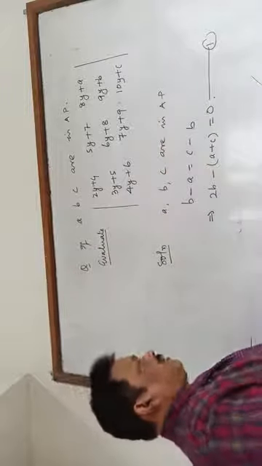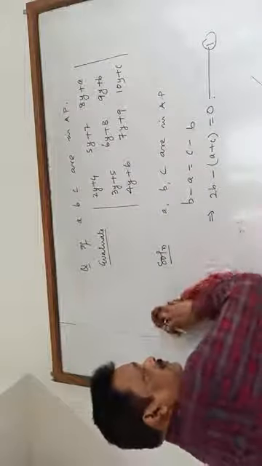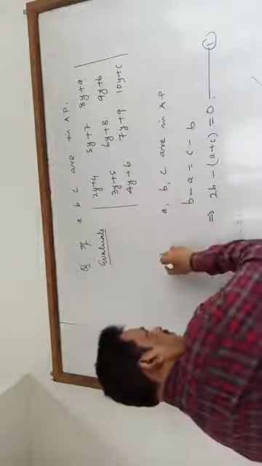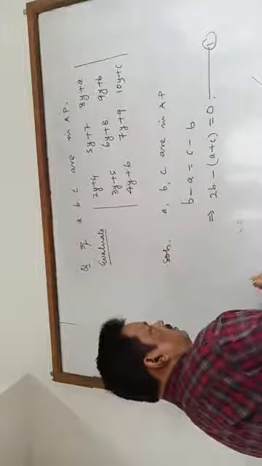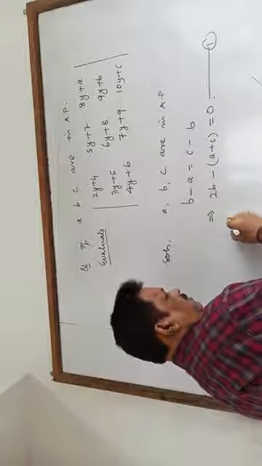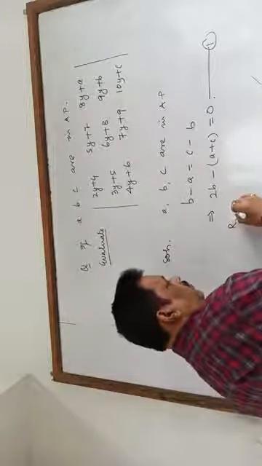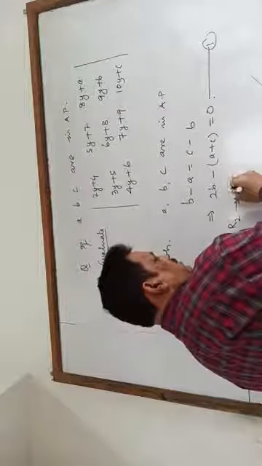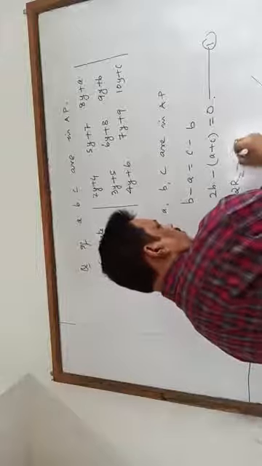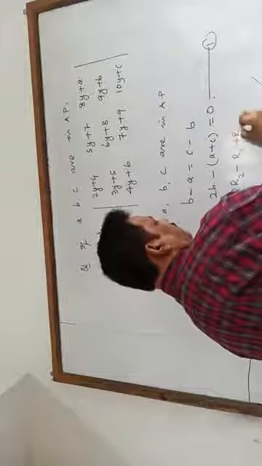So you can write here, row 2 is 2 row 2 minus row 1 minus row 3.